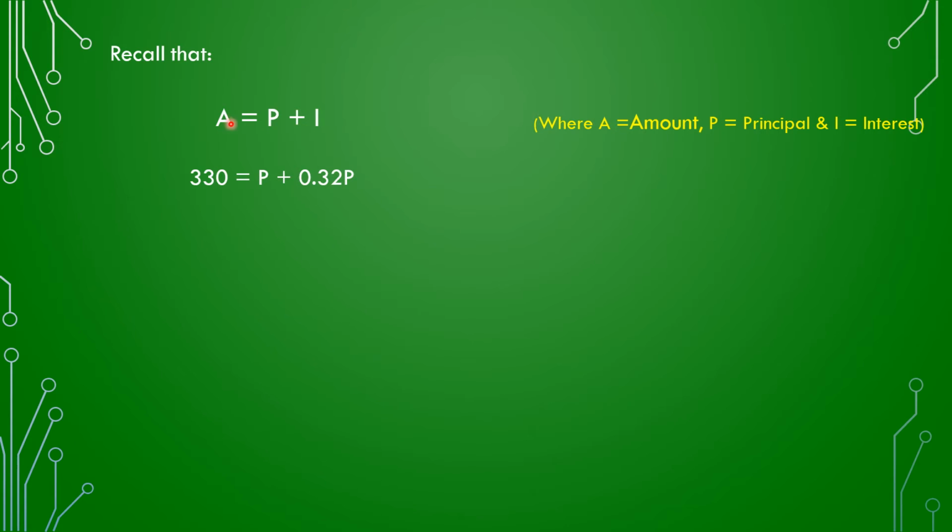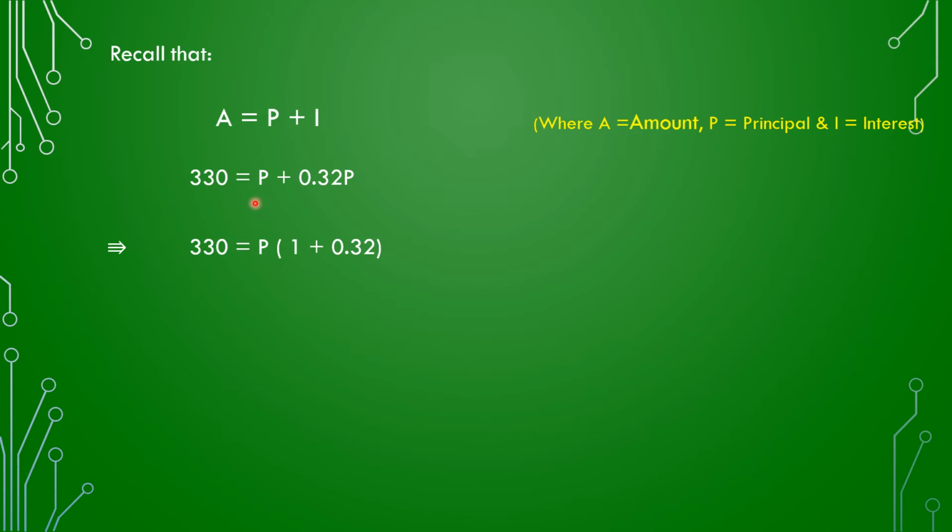Inserting the values, our A is 330, our P is unknown, our interest after 4 years is 0.32P. This means that 330 is equal to P, bracket open, 1 plus 0.32, bracket close. This expression here is the same thing as what you have here.